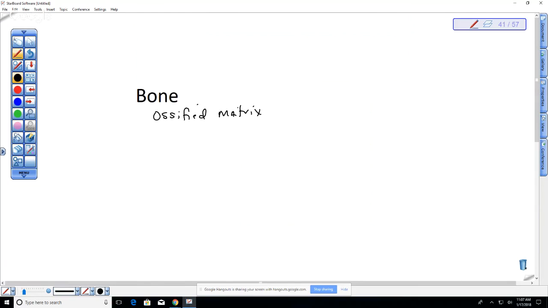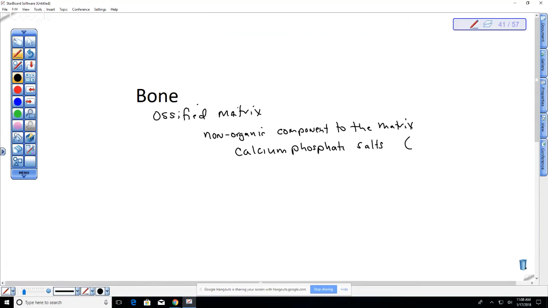And so ossified means that we have not just an organic matrix, but we have a non-organic component to the matrix. And this would be calcium phosphate salts. Right? So this is the mineral component of your bone.